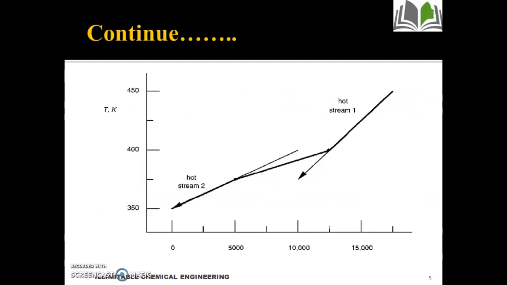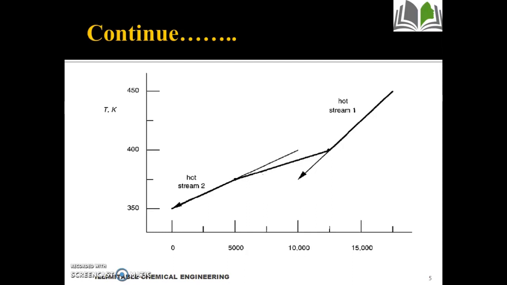So the graph shows the two merging streams within the common temperature range and also their separate ranges. The figure shows the plot of temperature versus heat flow, that is delta H, for both streams over their entire temperature ranges. First we start with the first stream, which has a heat capacity of 100 kilojoule per second.